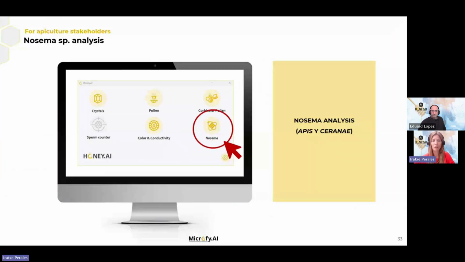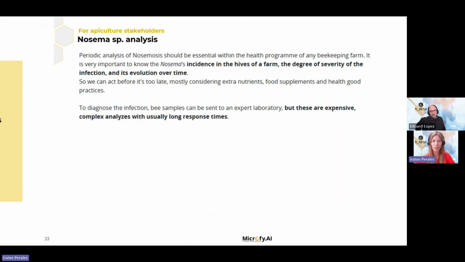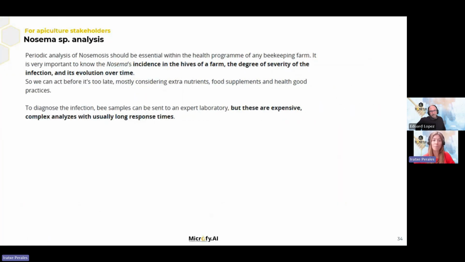Then for Nosema, for cooperatives, associations, technological centers, universities, public bodies, how you can use the system for bee health monitoring. Nosema is an important problem. It's not Varroa, I know, but still it is very important to monitor Nosema because it's a good health indicator.